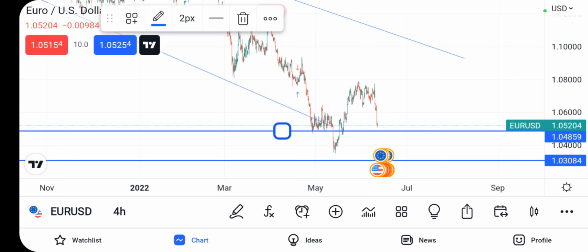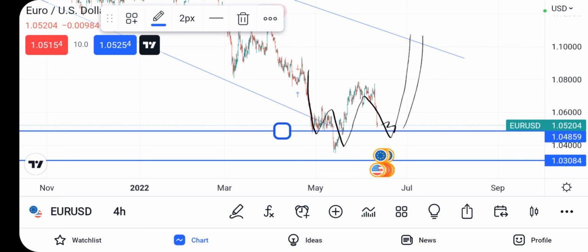It can do a descending channel like this, and shoot to the upside to form what? Inverse head and shoulders again. I'm not good at drawing, but stuff like that. This will be an inverse head and shoulders.